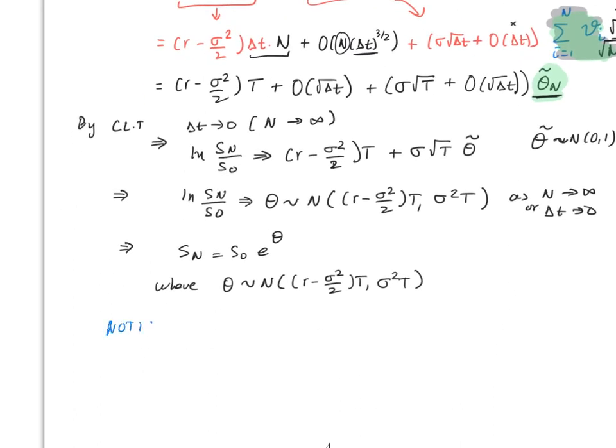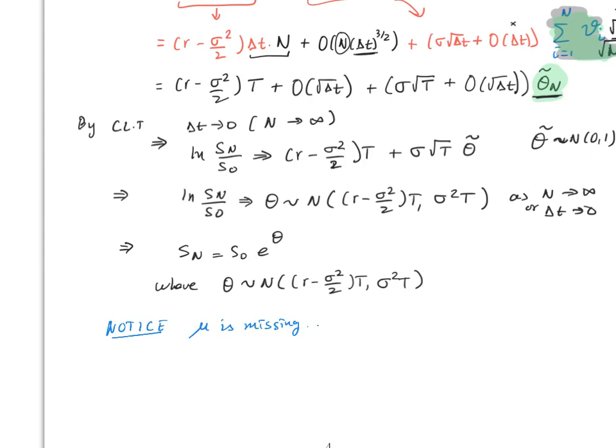Okay, so notice the mu is missing, which means that the risk neutral probability in the limit doesn't depend on mu.